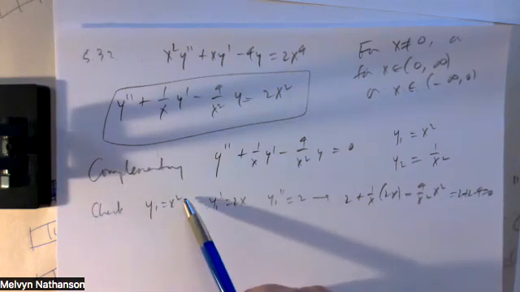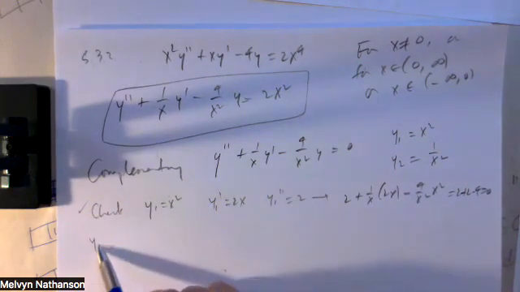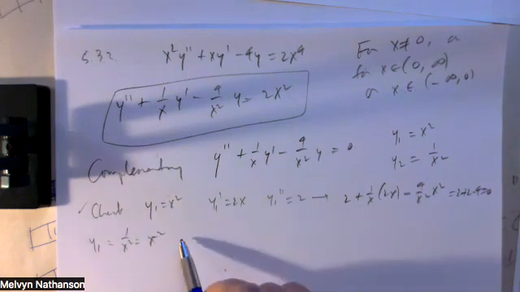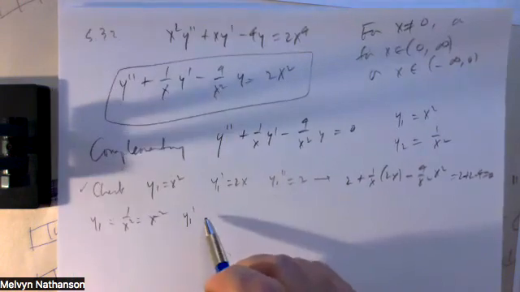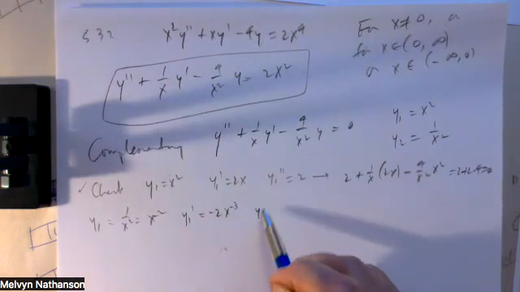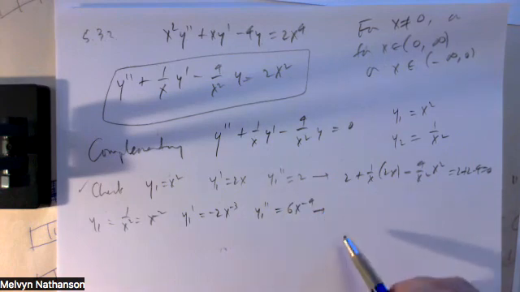So this checks. And what about y2 equal 1 over x squared, or x to the minus 2? So y2 prime is minus 2x to the minus 3. Y2 double prime is 6x to the minus 4.